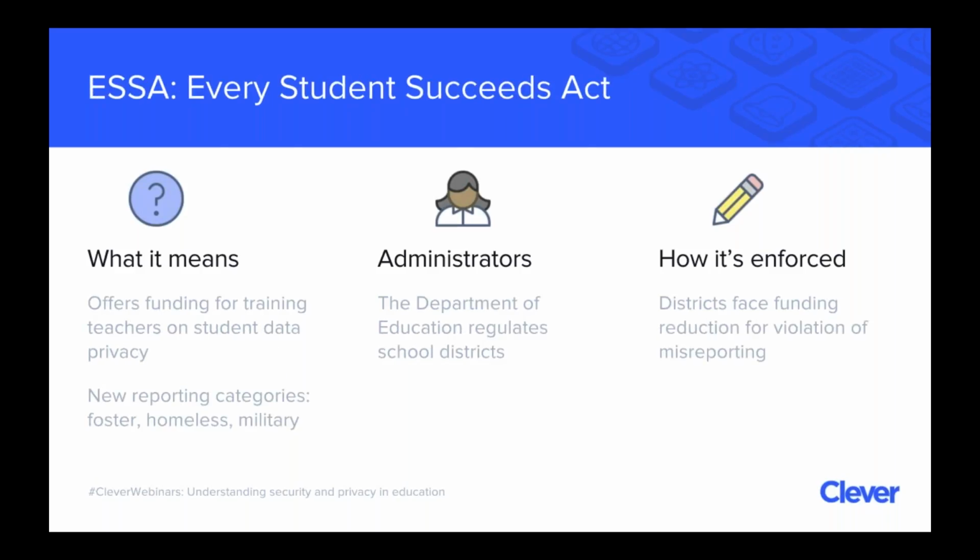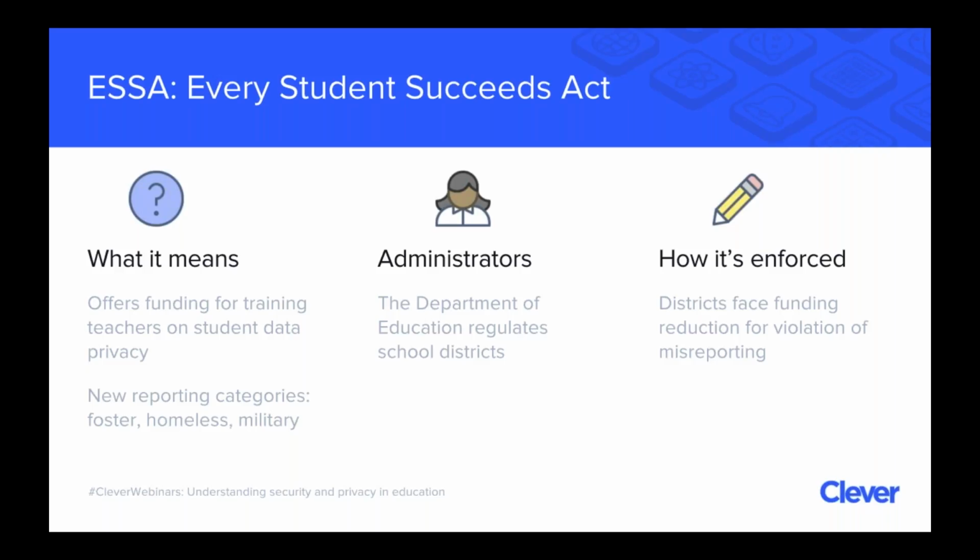In 2015, ESSA passed to replace No Child Left Behind and reauthorize the Elementary and Secondary Education Act. This is an extremely complicated bill, and I'm only going to mention a few parts most relevant to privacy and security. In Title IIA, the law provides opportunity to use federal money to train teachers on student data privacy.